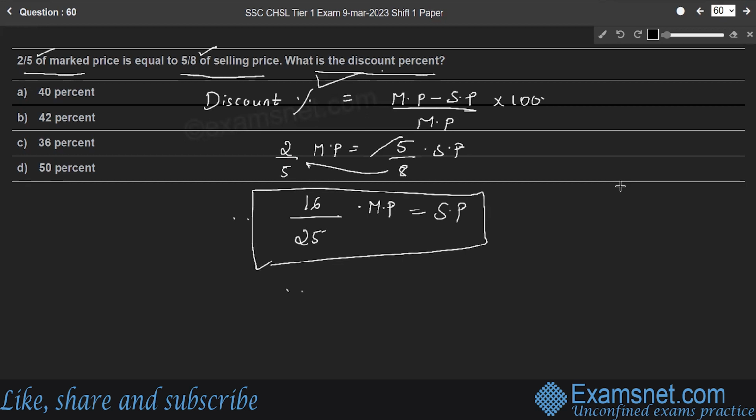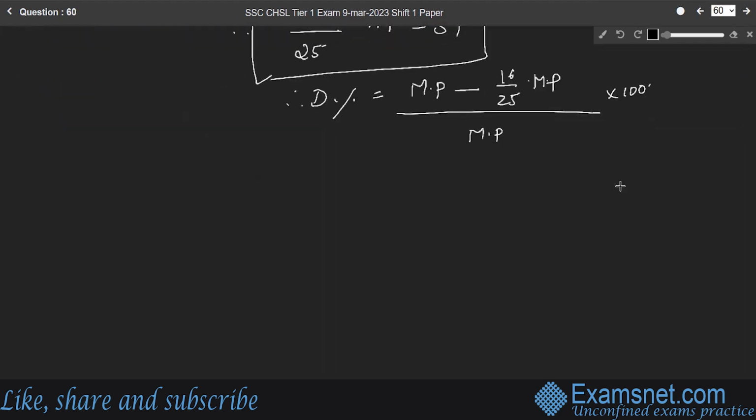Discount percentage is equal to market price minus selling price, 16 by 25 into market price, over the market price into 100. So just simplify. We'll take market price as common term into 1 minus 16 by 25, into 100.